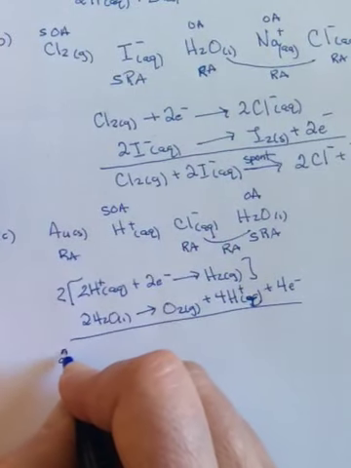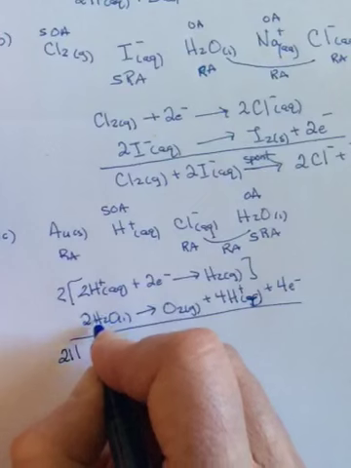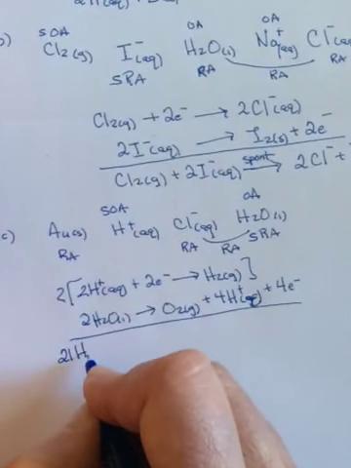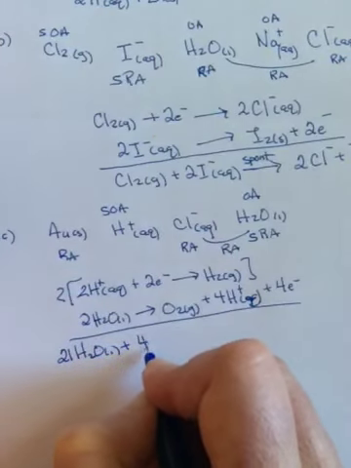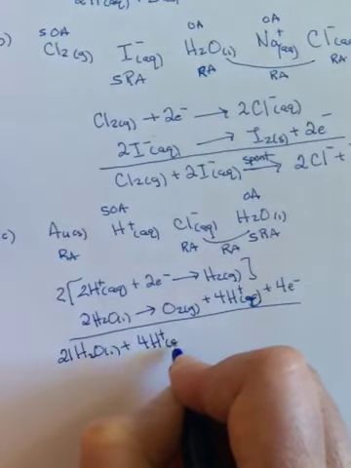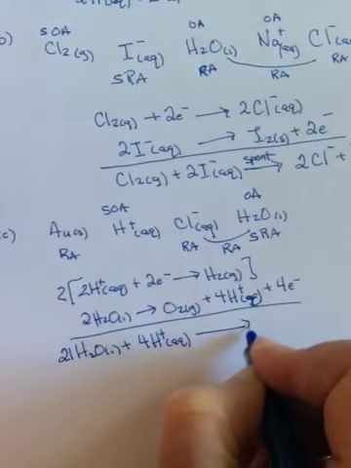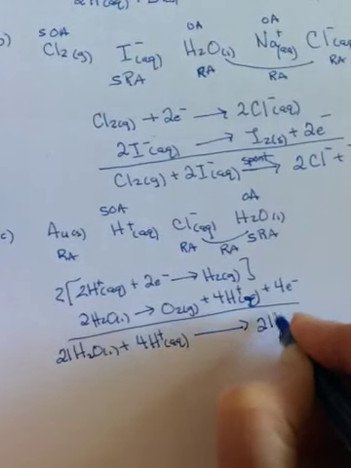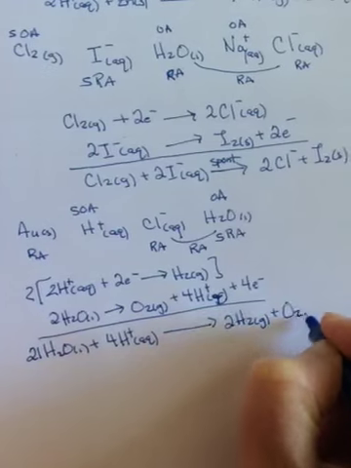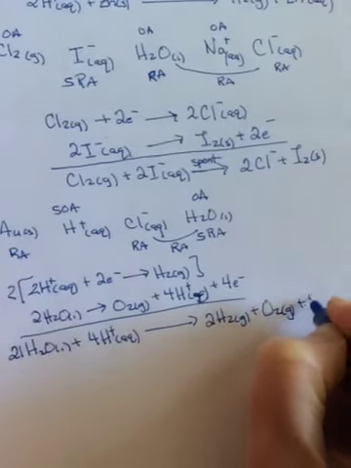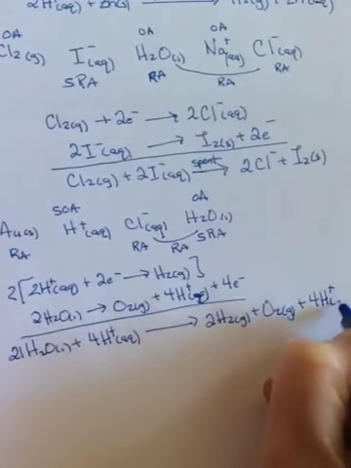Since I wrote the 2 down first, we'll put the water here first. 2H2O liquid plus 4H+ aqueous going to 2H2 gas plus O2 gas plus 4H+ aqueous.